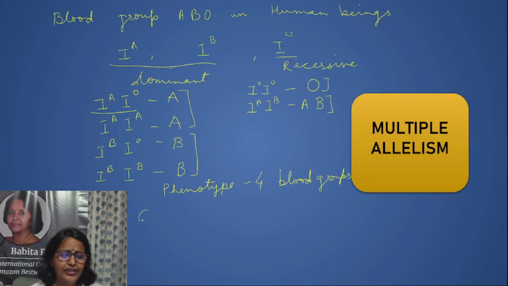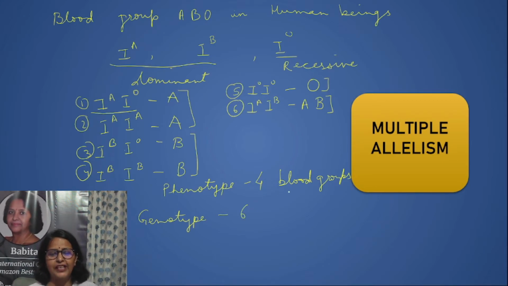And if we look at genotype, how many are there? 1, 2, 3, 4, 5 and 6. So, 6 genotypes are there for 4 blood groups. The phenotype is only 4 and we have 6 genotypes for blood groups in human beings.